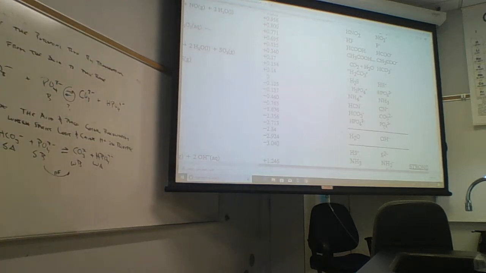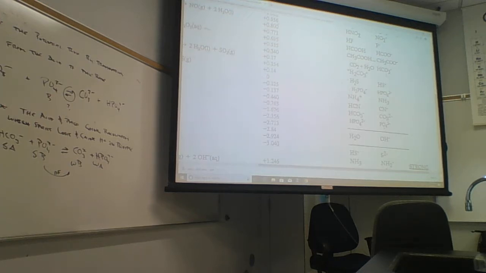Oops, I was supposed to do it over here. So we're going to have a reaction. When bicarbonate and phosphate come together, there's going to be a reaction. And the reaction is going to form carbonate and hydrogen phosphate. And so we're going from stronger acid and stronger base to weaker base and weaker acid. So this is the driving force.